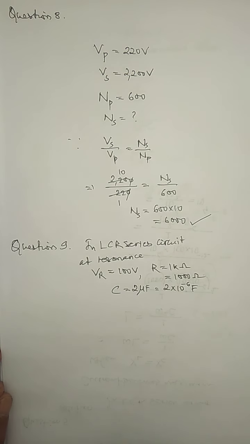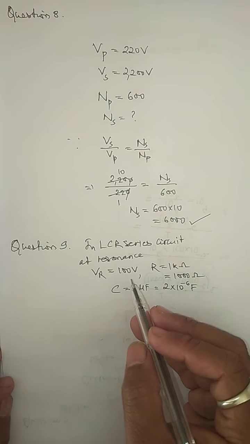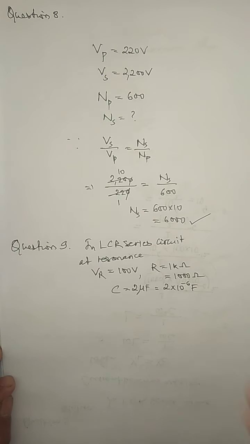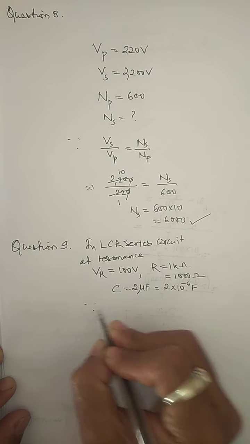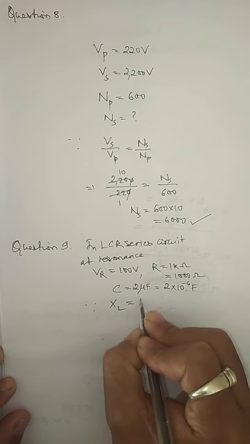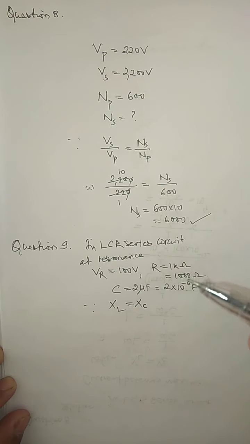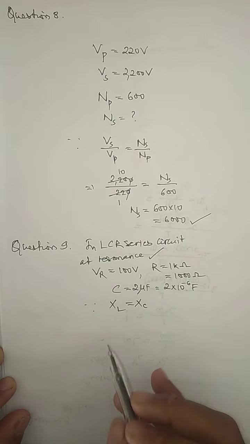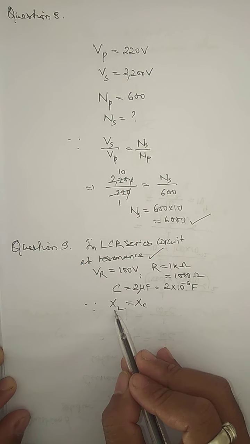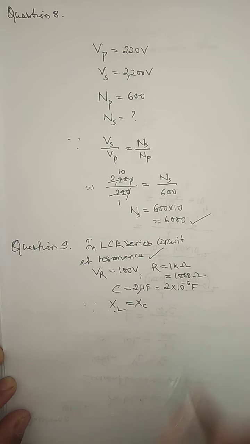Now at electrical resonance condition, we need to find the voltage across inductance. To find that, first of all we need to calculate the value of inductance. For that we have a condition, XL equals XC. At electrical resonance, the inductive reactance is always equal to the capacitive reactance.